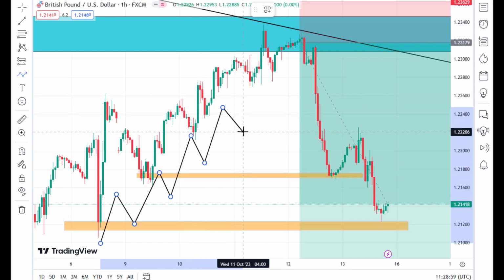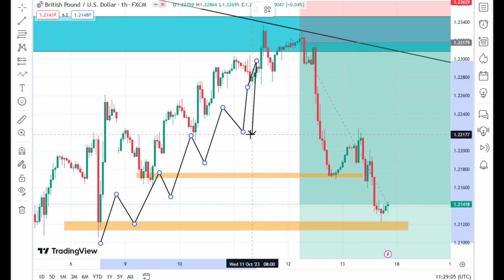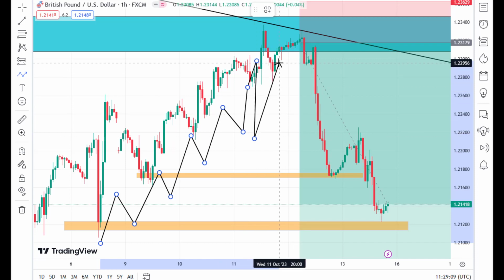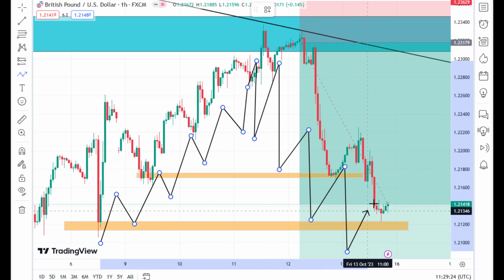But if price creates a high and then reaches a point and creates another high, comes down to this low, goes up and then fails to create a new high, and then comes down and breaks through, it means there's going to be a change of character, a shift in structure from an uptrending market to a downtrending market. And you can see that this is exactly what happened. Now price will start creating lower lows and lower highs.